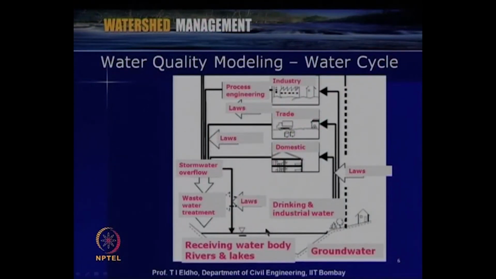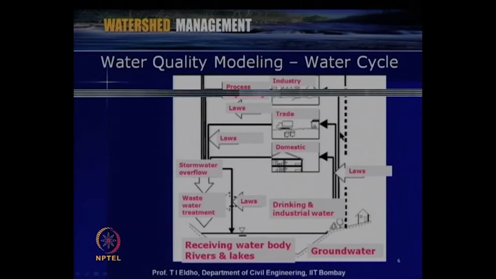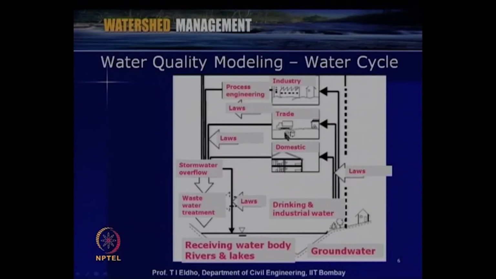say the water is supplied from a surface water source or groundwater source, and then it is taken for domestic purpose, industry purpose, trade purpose or various other purposes, and this intake is restricted through various laws. After these industrial, trade or domestic processes, effluent will be there, and within process engineering we can do the treatment.